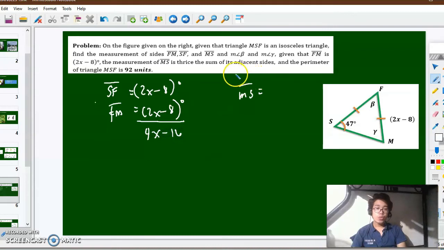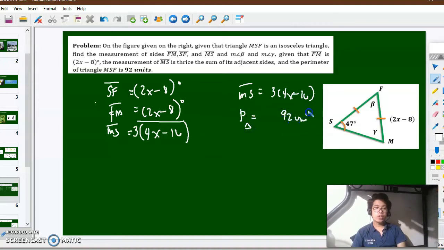And then, of course, it's written here thrice the sum of its adjacent sides. So that means we have to multiply 4x minus 16 by 3. There you go. So that's the measurement of side MS. Side MS measures 3 times 4x minus 16. And the perimeter of the triangle is 92 units.